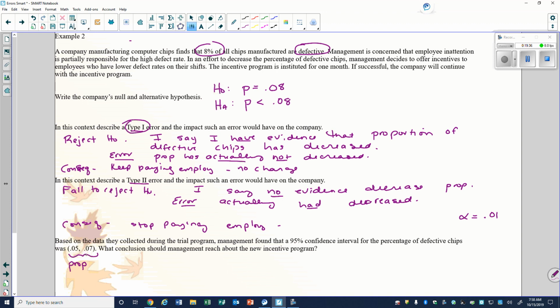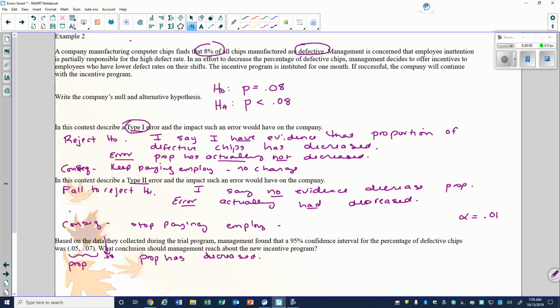It should be somewhere between 5% and 7%. So because it was 8% to start out with, which is not in my interval, it's a little higher than my interval, then I would say that the proportion has decreased to somewhere between 0.05 and 0.07.